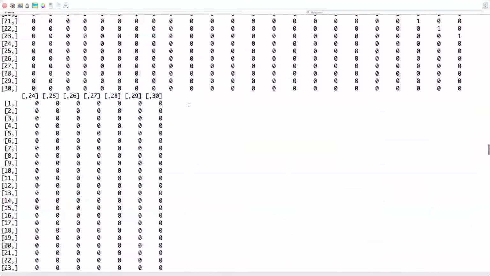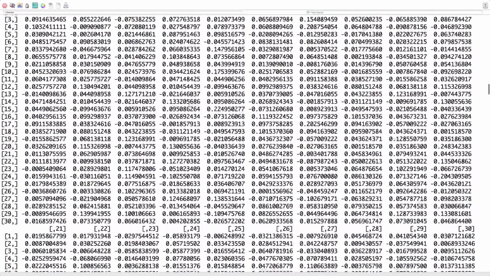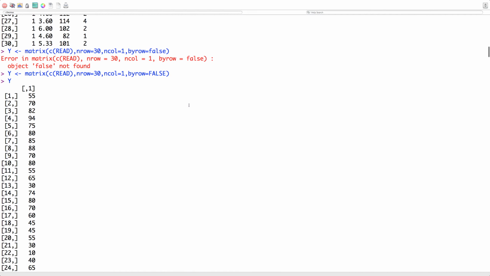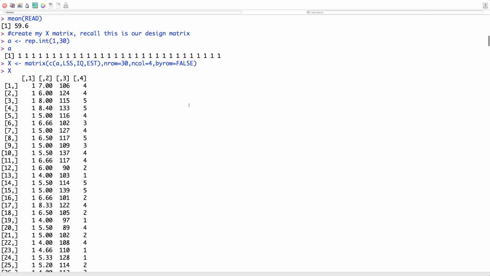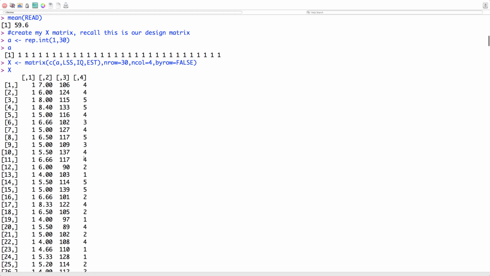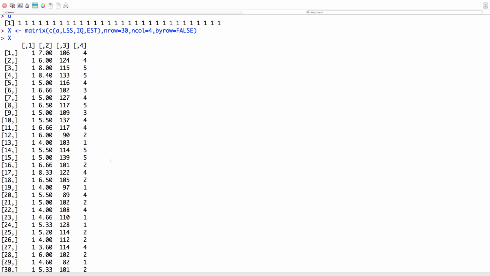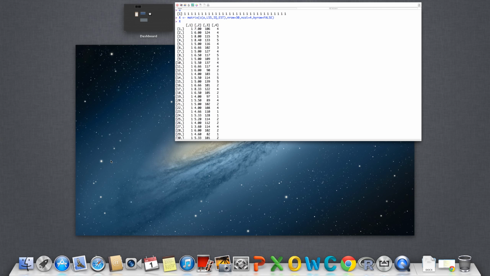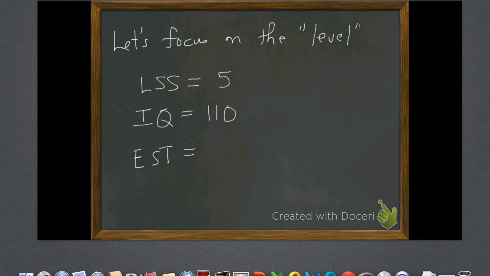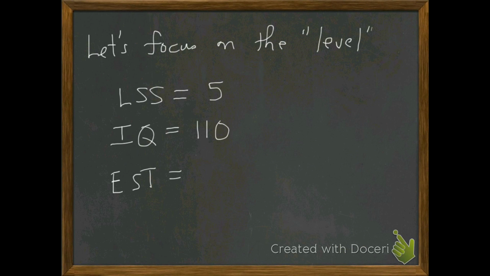Let's go back and take a look at this. So that would be, let's say that they have an estimated reading level of, who knows, 4. I'll tell you what, let's actually bump up there to a 7.